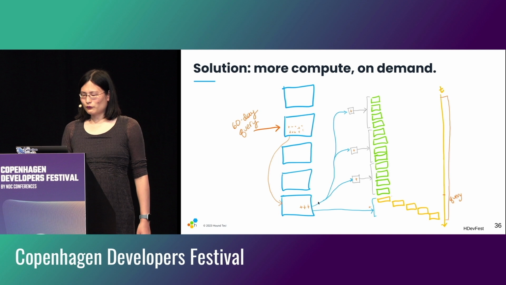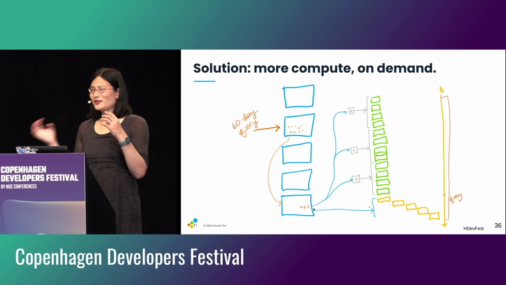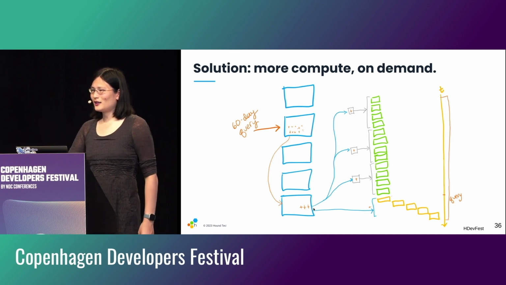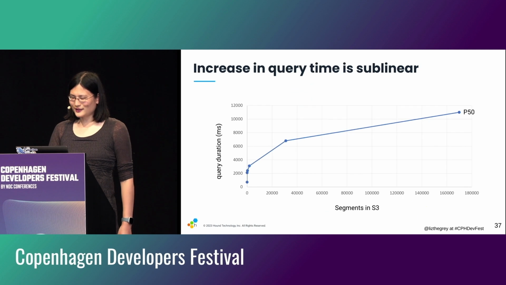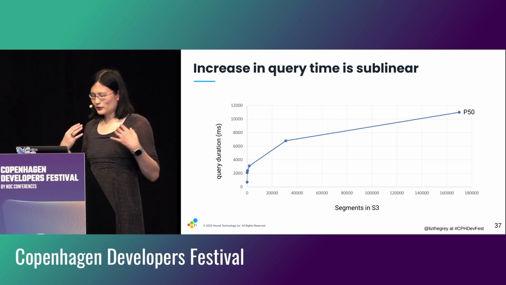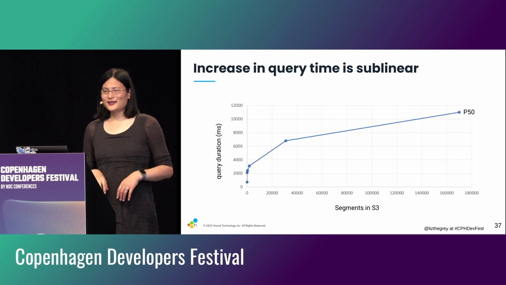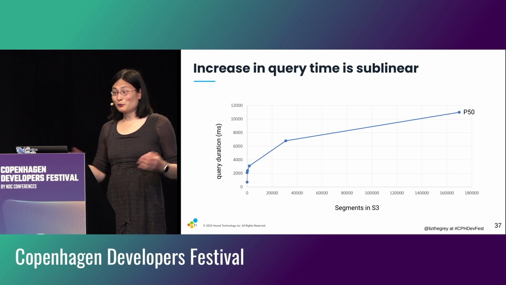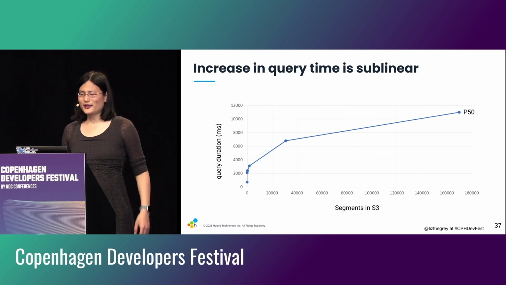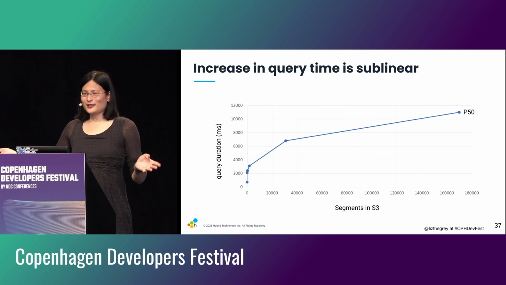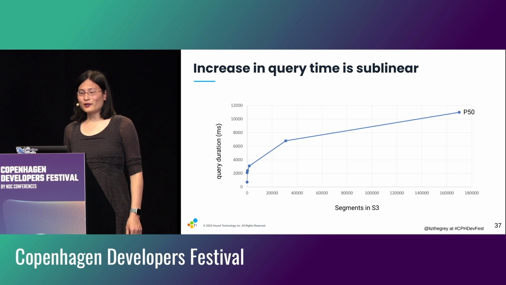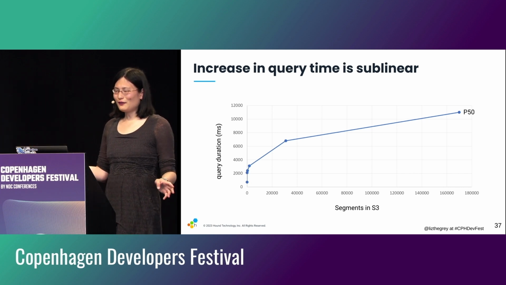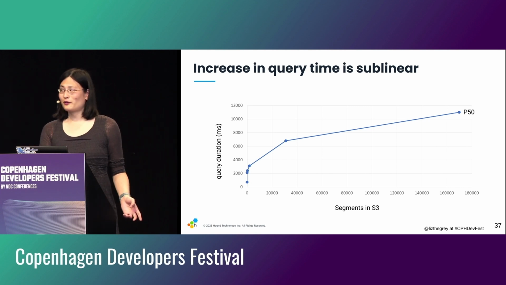So the only data that really matters for locality is the most recent data that hasn't been tiered to solid state yet, or tiered to S3 yet. So this has a really beautiful property of suddenly, instead of a linear or superlinear pattern of query latency, now suddenly it's sublinear, that you can query an order of magnitude more stuff and have it take less than an order of magnitude more time.